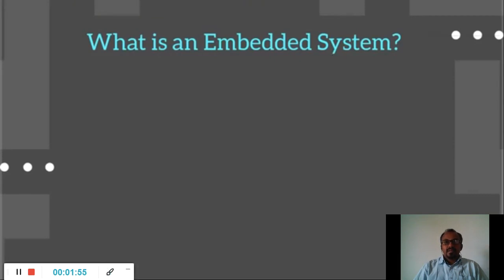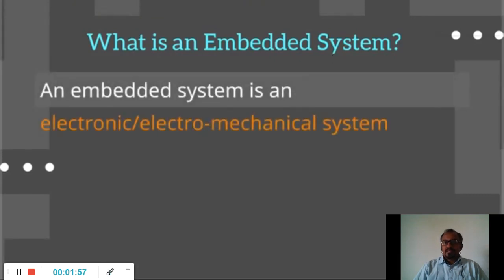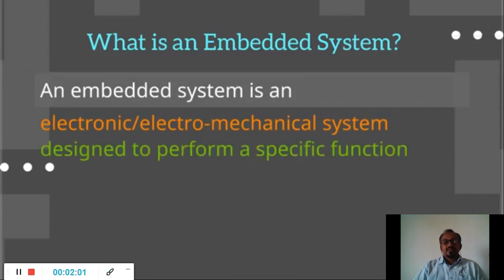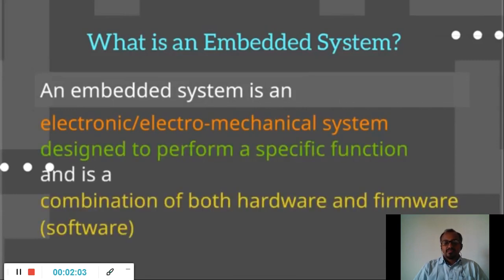An embedded system is an electromechanical system designed to perform a specific function and is a combination of both hardware and software.